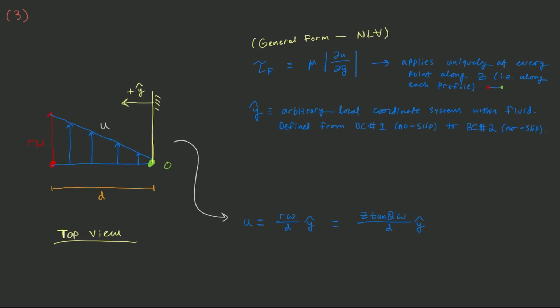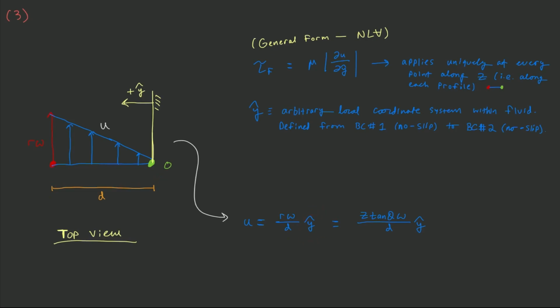But before we get to that, we need to formalize what the velocity profile for some arbitrary profile is within the oil. If we imagine that we have 0 at the wall and r omega at the conical viscometer, which applies to every velocity profile no matter where you are in z, then you can determine that the overall velocity profile looks something like little u is equal to r omega over d times y hat, where r omega is the velocity at the conical viscometer, d is the thickness of our profile, and y hat is our local coordinate system.